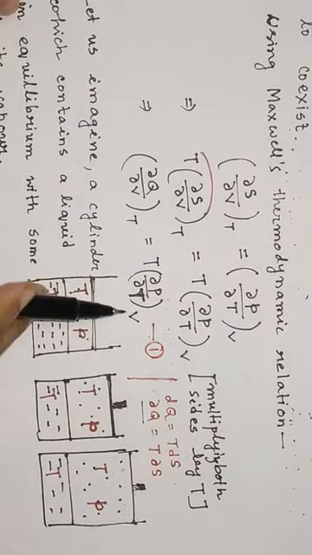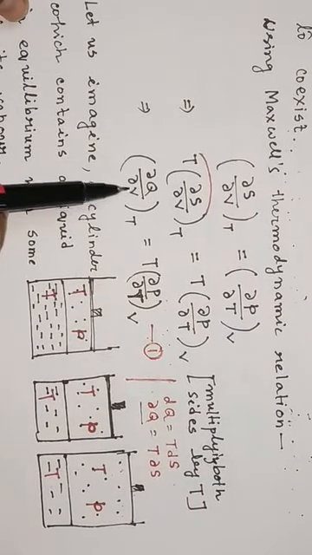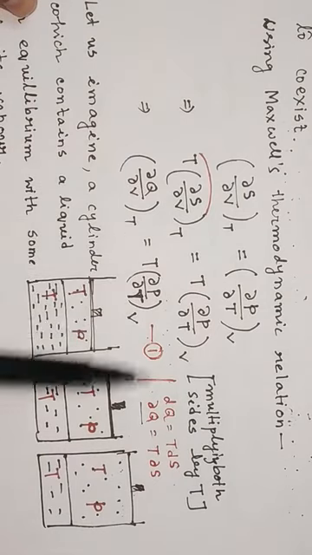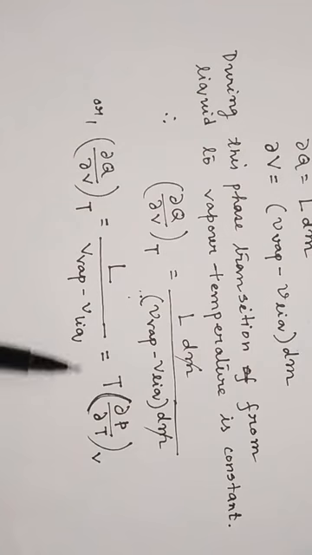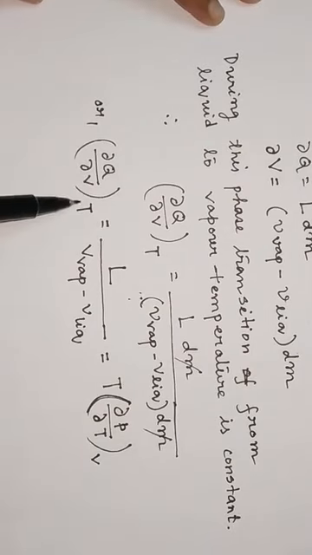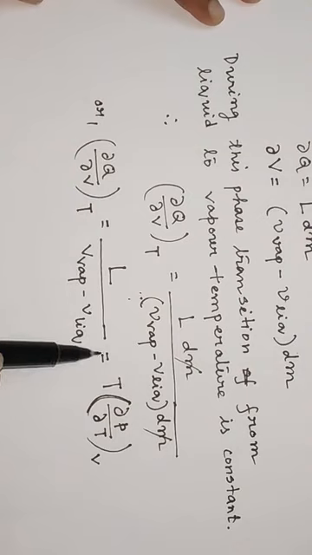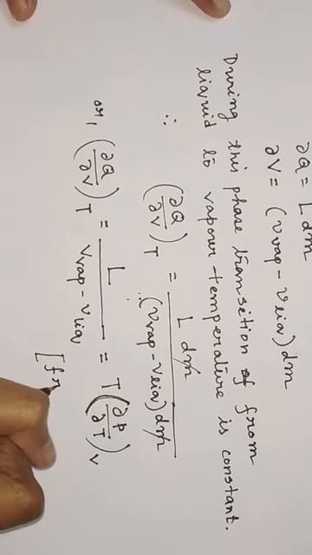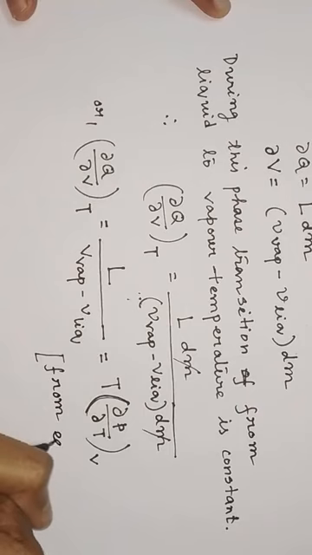So from equation 1 we have del Q del V at constant T equal to T into del P del T at constant V. So del Q del V at constant T is equal to this term, which is L by (V vapor minus V liquid), which is again equal to T del P del T at constant V.